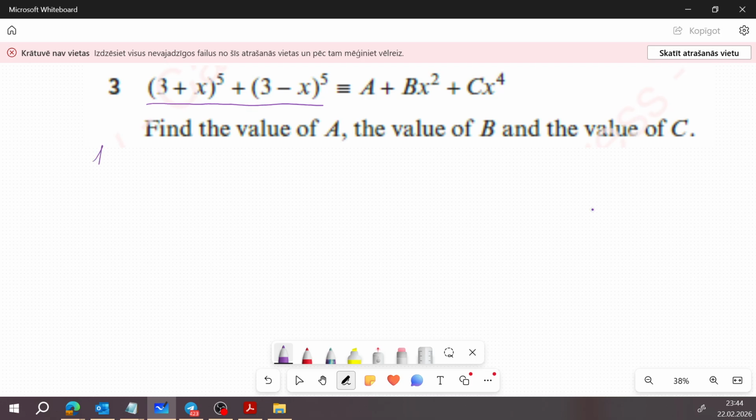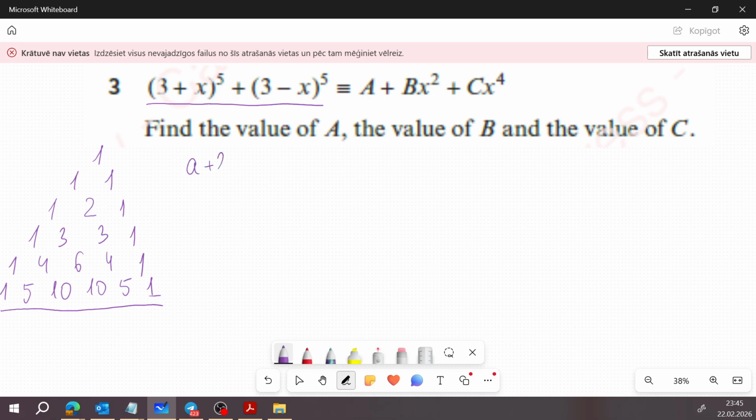Pascal triangle. Level 0, level 1, level 2, level 3, level 4, and level 5: 1, 5, 10, 10, 5, and 1. We will have 1, 2, 3, 4, 5, 6 terms. Now let's have a look what we have.